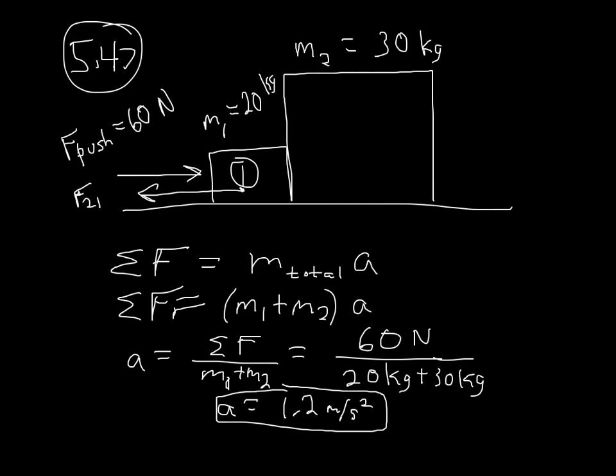Okay? So let's write down the sum of forces for box 1. Sum of forces is equal to what's pushing it to the right? F push. What's resisting that push? F of box 2 on 1.